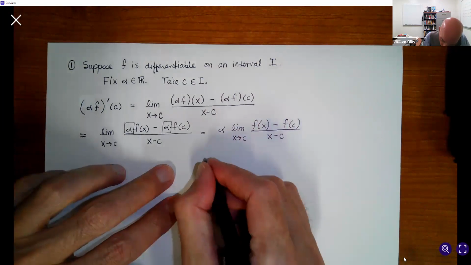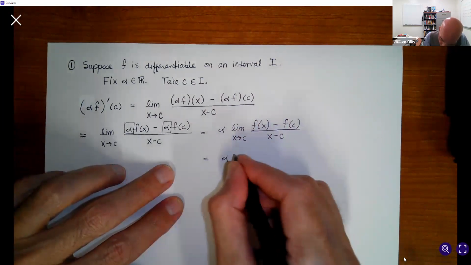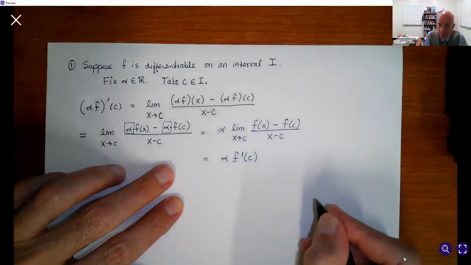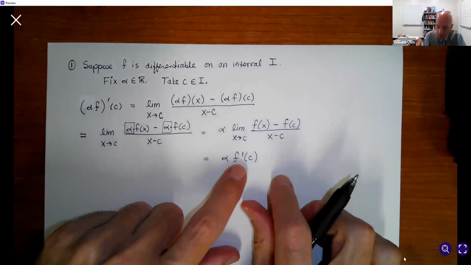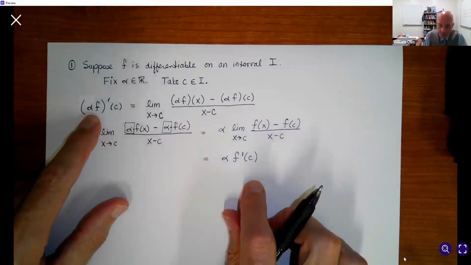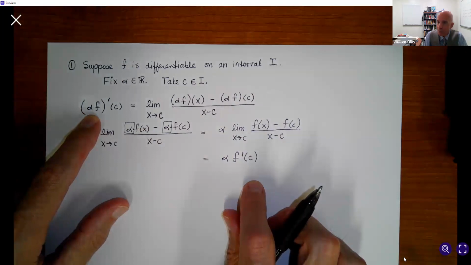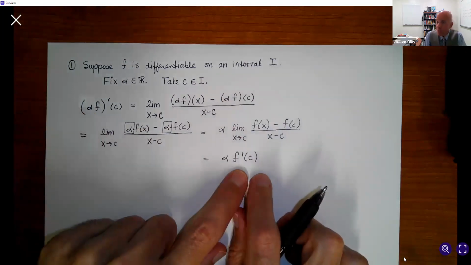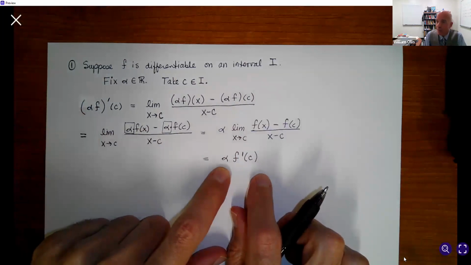So this equals alpha times f prime at c. So what we're noticing here is that if we are taking the derivative of a constant multiple of a differentiable function, we simply differentiate the function and multiply by the constant.